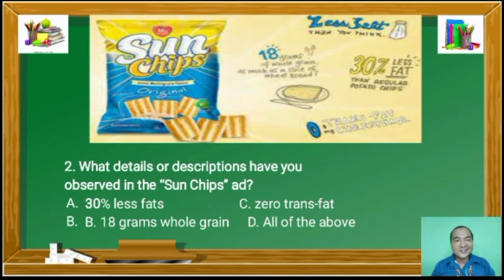What is your answer? If your answer is letter D, you're correct. All of the above. Okay? Sun Chips is 30% less fats, 18 grams whole grain, 0 trans fat. Let's proceed. Number 3.